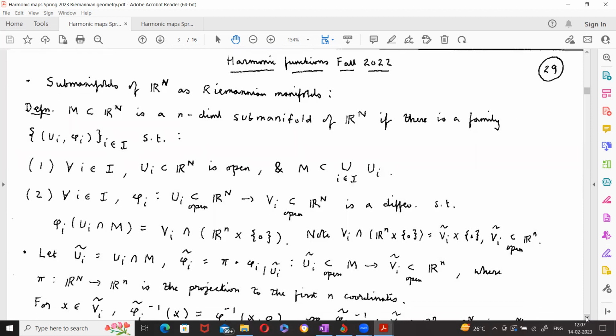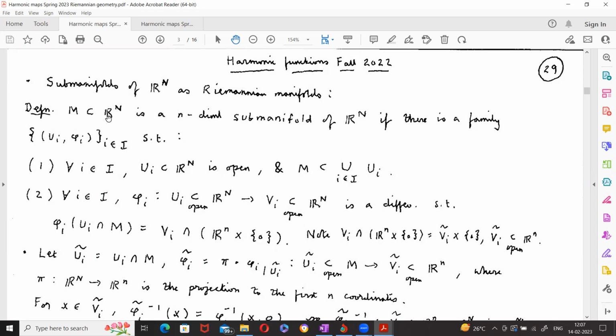One motivating example is submanifolds of Rn. These will be Riemannian manifolds with a metric called the induced metric. So what is a submanifold of Rn?